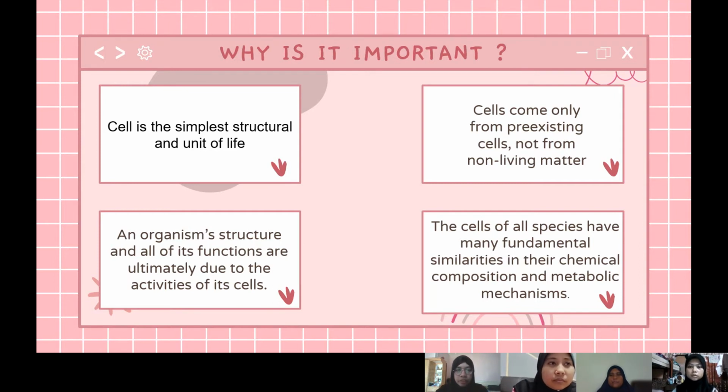Cell theory also promoted cell biology, which studies the structure and function of cells. It affects nearly every aspect of biology, from the understanding of life and death to managing disease and more. Then I pass the summary to Izzati.